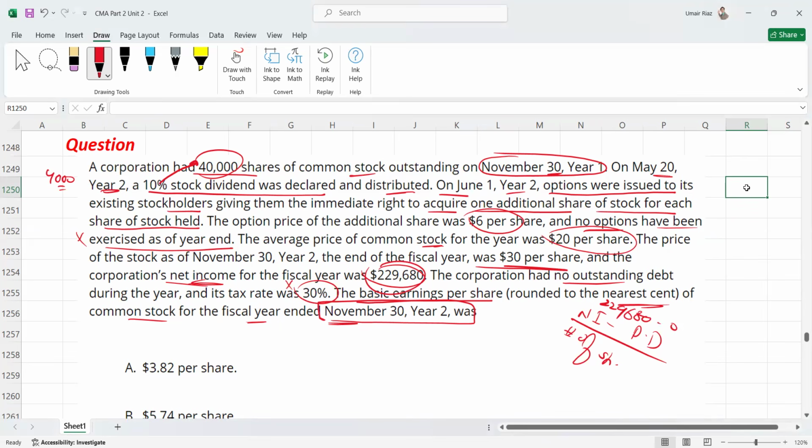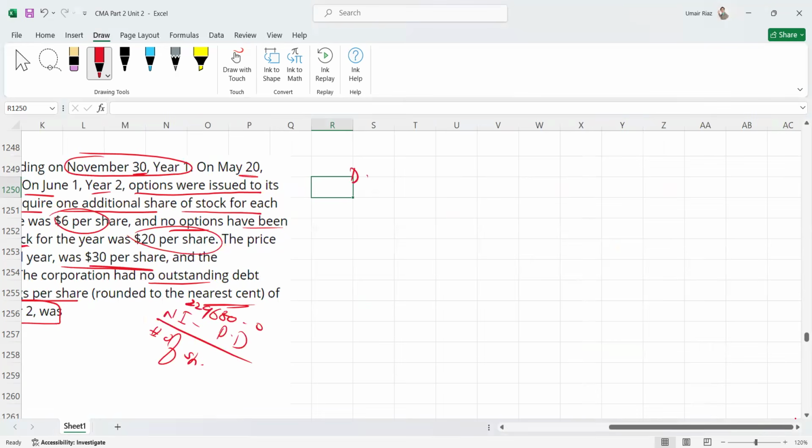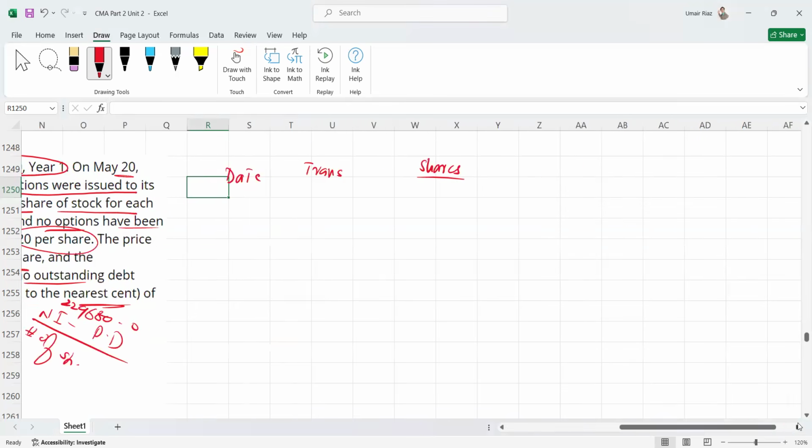How will you calculate it? We have only two relevant transactions. We have the beginning shares and we have a stock dividend, which happened in year 2, 10%. So how will we do it now? Simply we can prepare the calculation. We'll write the date, the transaction, and the shares outstanding. Then we have a fourth column, because a stock dividend is there.